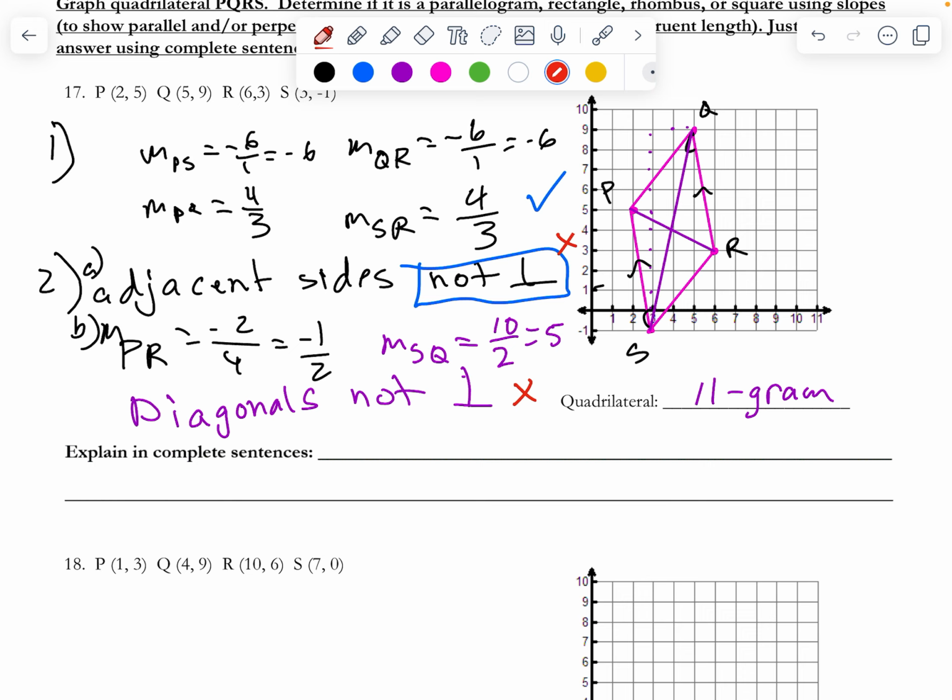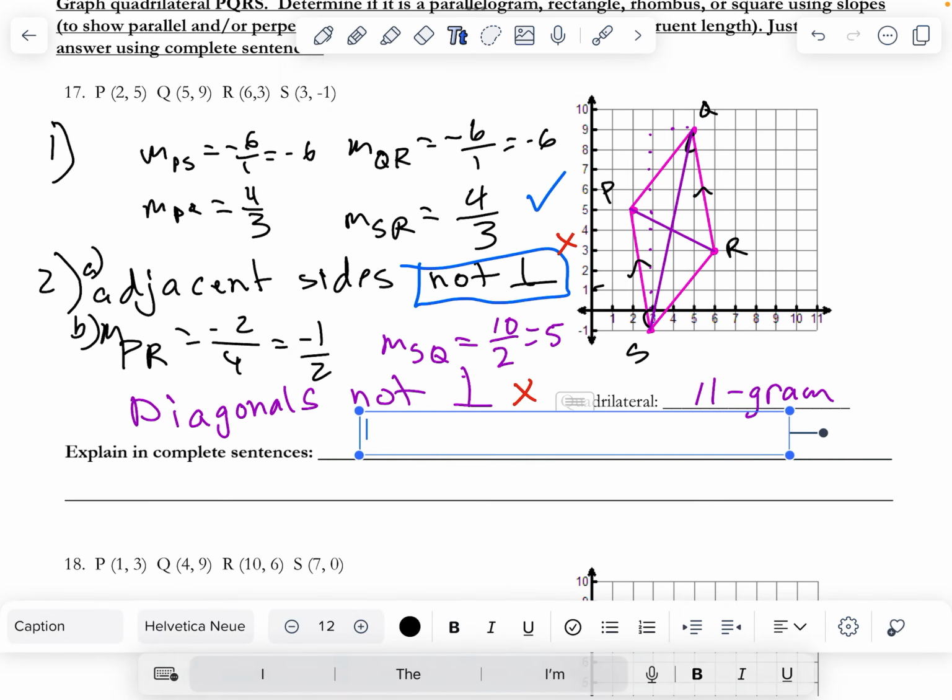So what I would state in complete sentences, air quotes, what I would write here is something along the lines, and let me go ahead and use a text box because it'll be cleaner, right?